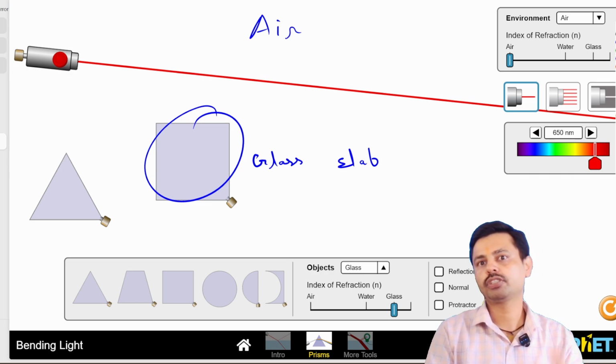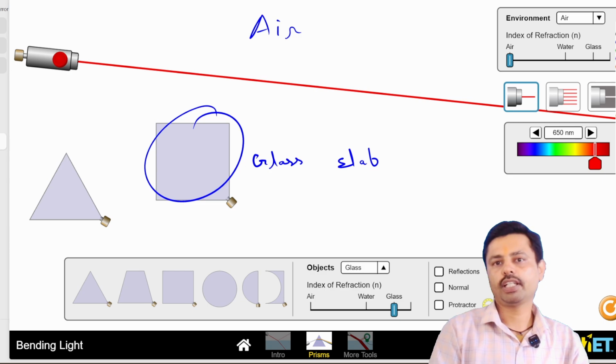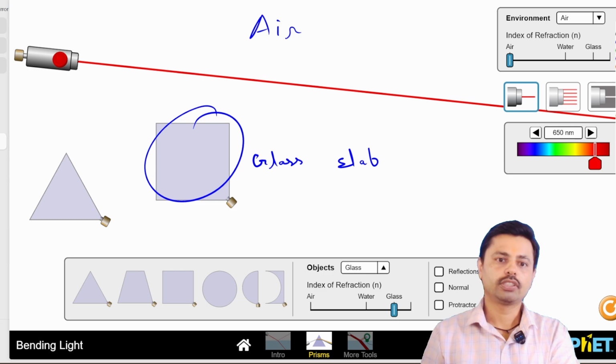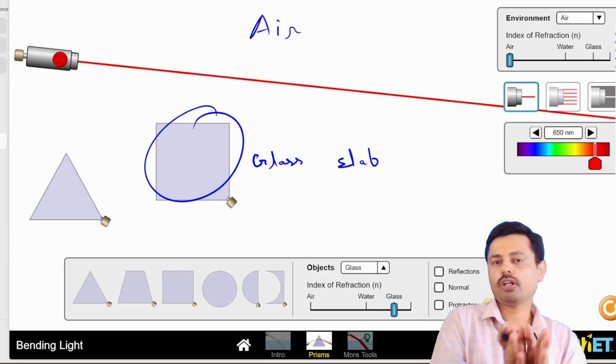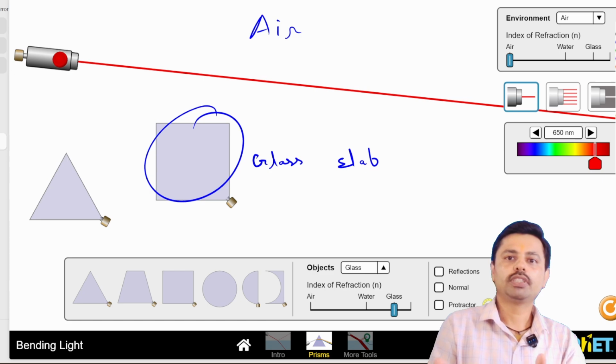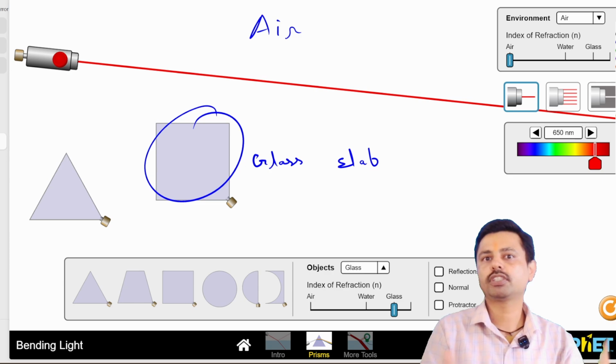Whereas optical density means the power to bend the light. So generally the denser material has more optical density, but that's not always the case. Sometimes glass of the same weight could have more optical density, meaning it could bend the light even more than another type of glass. So yes, keep in mind it's not always the same.